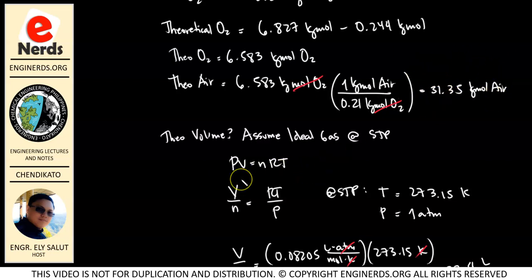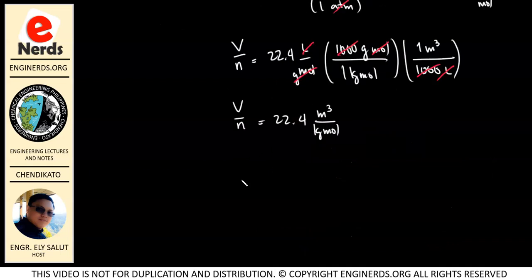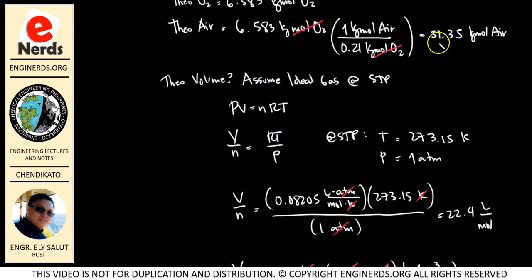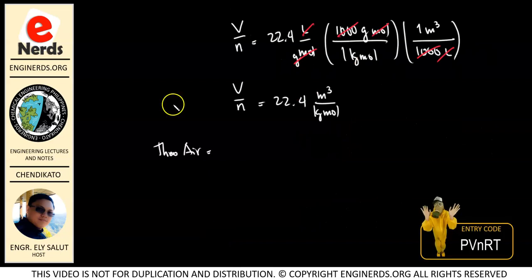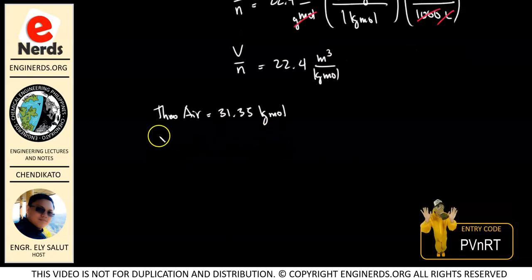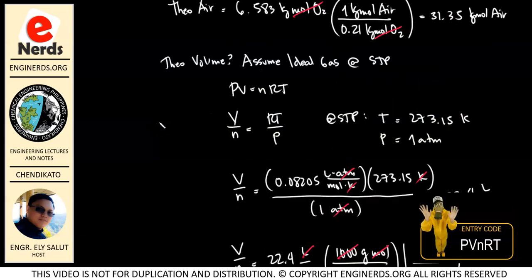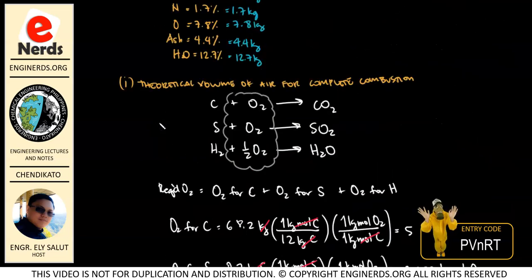So, we have 31.35 kilogram mole of air. Okay? So, we have theoretical air is equal to 31.35 kilogram mole. Okay? So, therefore, ang theoretical volume natin, yan ang kailangan nating makuha, no? So, let's just review.